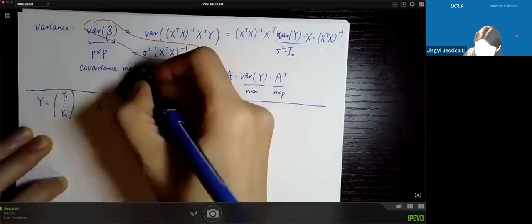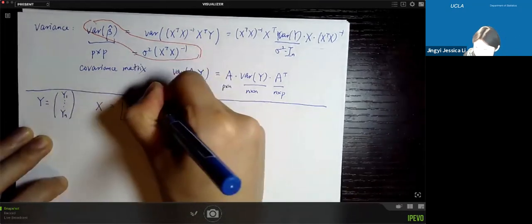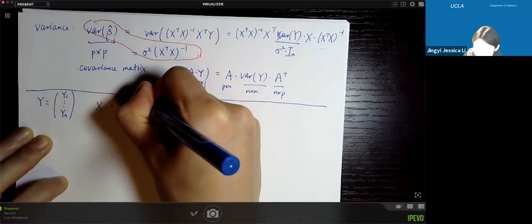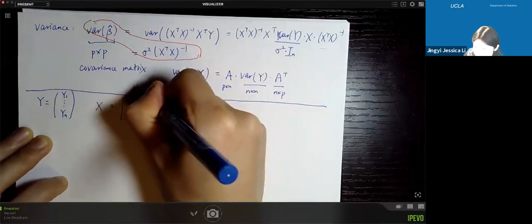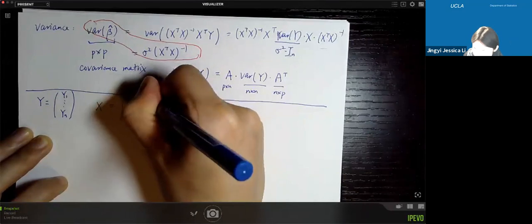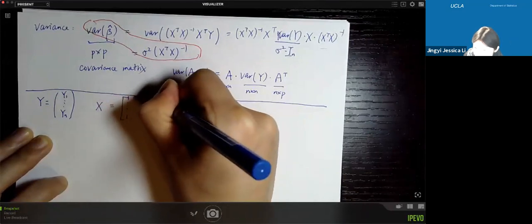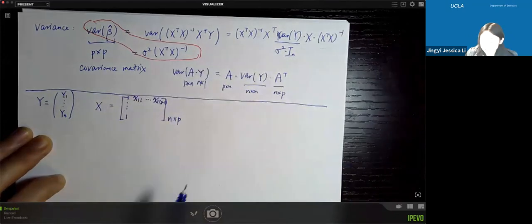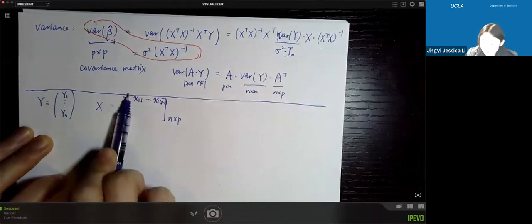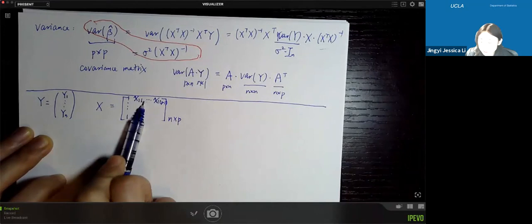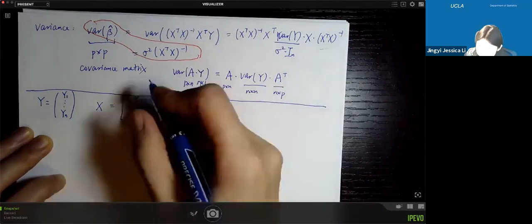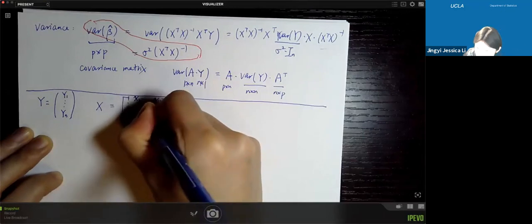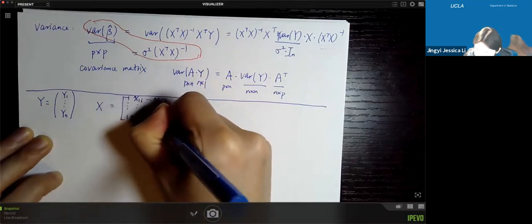And then we can write the remaining as x11 to x1,p minus 1. Since this is p-dimensional, except the intercept, we'll include p minus 1 predictors. And the last row, xn1 to xn,p minus 1.